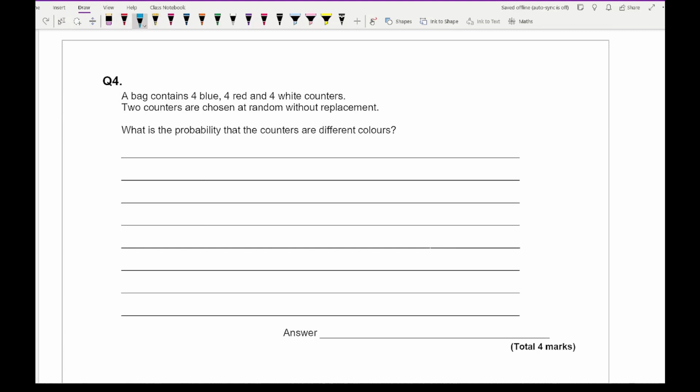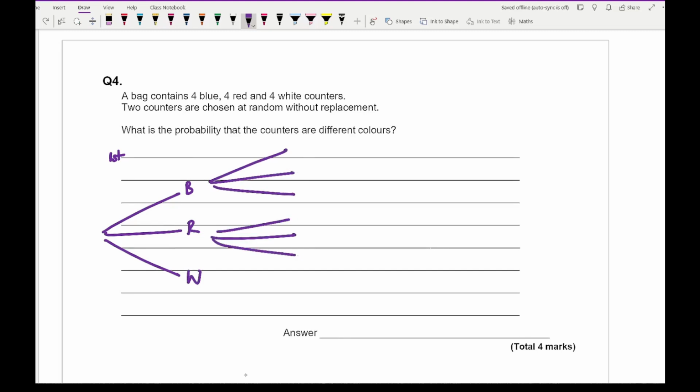So for this, let's just take out our first pick. I'm probably using the wrong colour, so let's not use one of the colours that's being used. Let's go for purple. So here this is my first pick. My first pick could either be blue, it could be red, or it could be white. And then for my second choice, it's going to be one of 3. So let's just do those 3 branches for each of those.